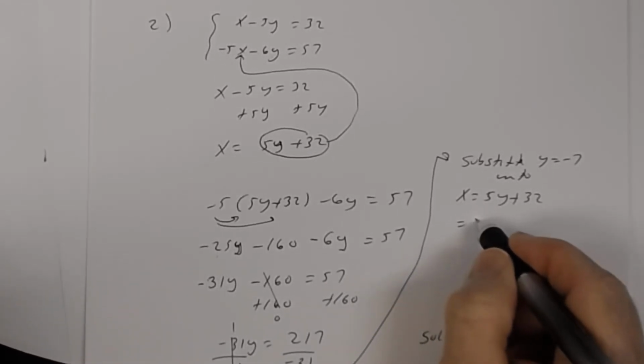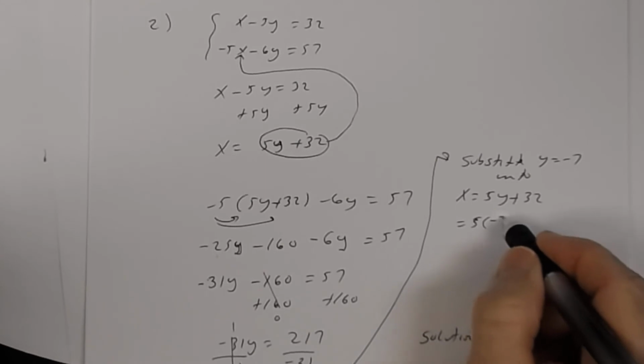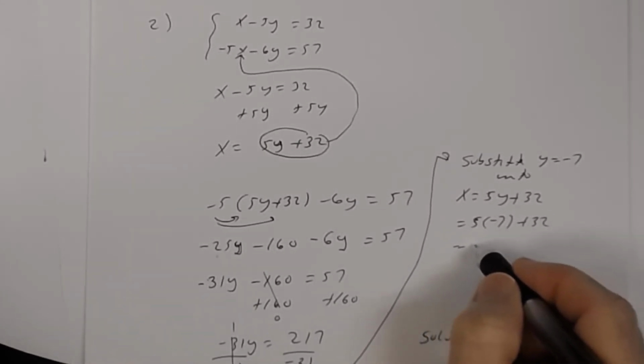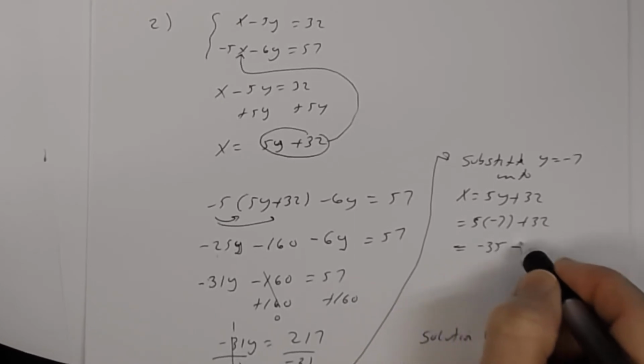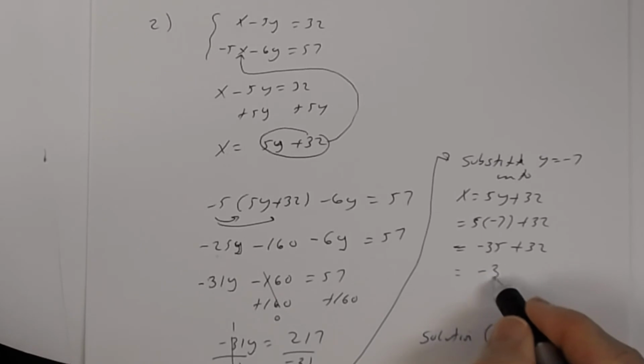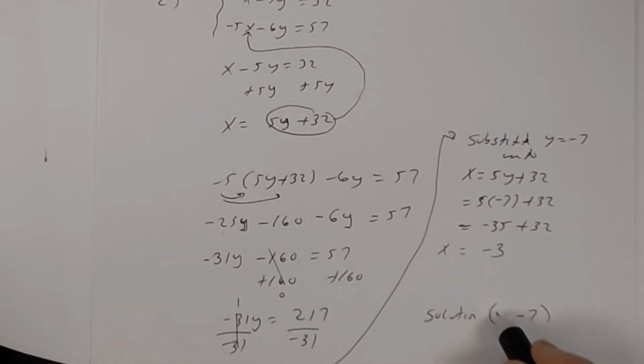And so I get 5 times negative 7 plus 32. So 5 times negative 7 is a negative 35 plus 32. And so negative 35 plus 32 is a negative 3. So there's your x. So that goes here.